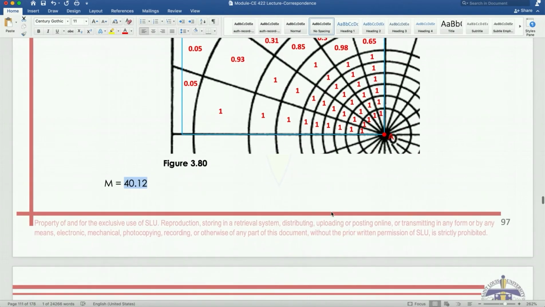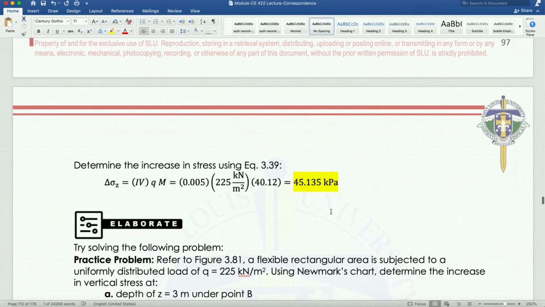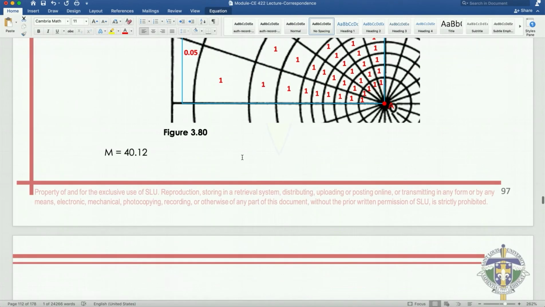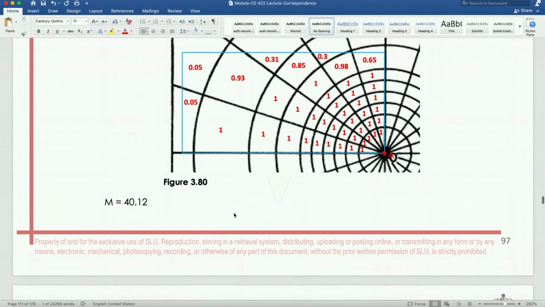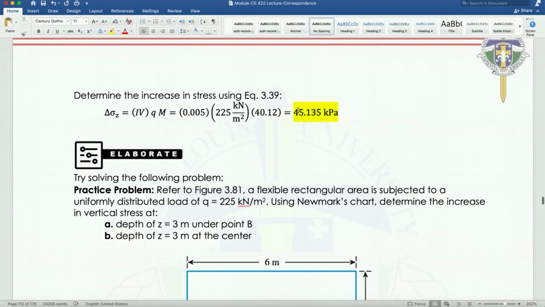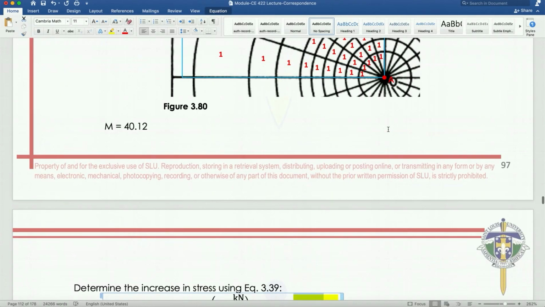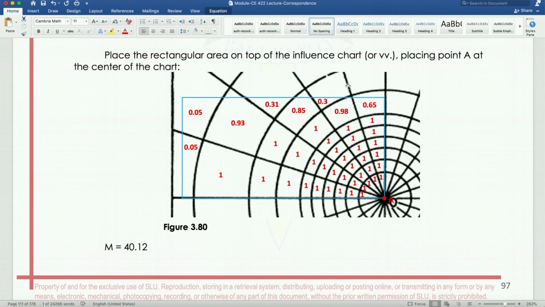Okay, then after that, use our equation IV times Q times M, where IV is already given as 0.005 rather, and Q is 225, and our assessment of M is equivalent to 40.12, and that is equivalent to 45.135 kilopascals.